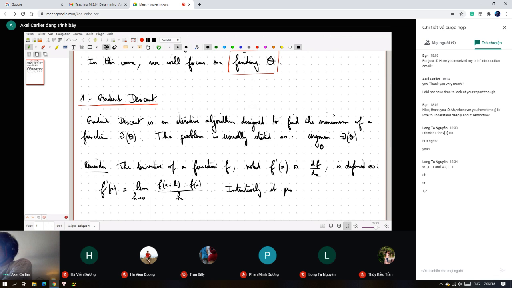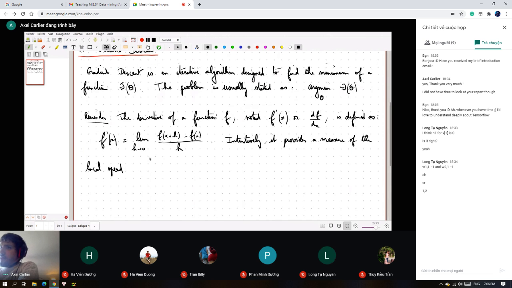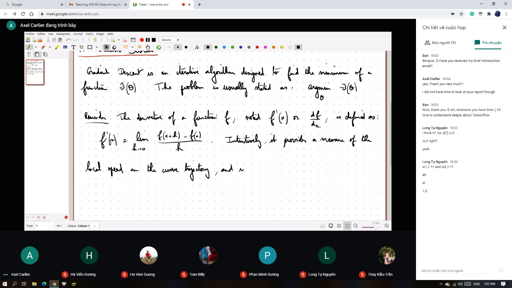It provides an approximation, a measure of the speed, the local speed on the curve trajectory, and represents the slope on this point.